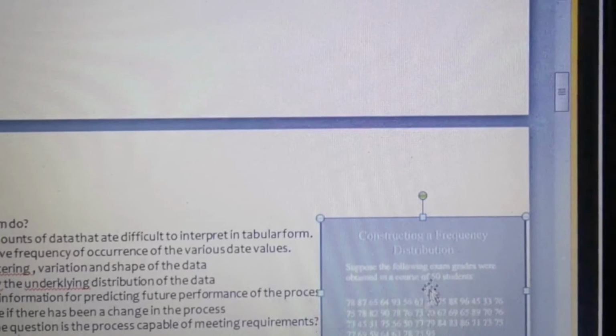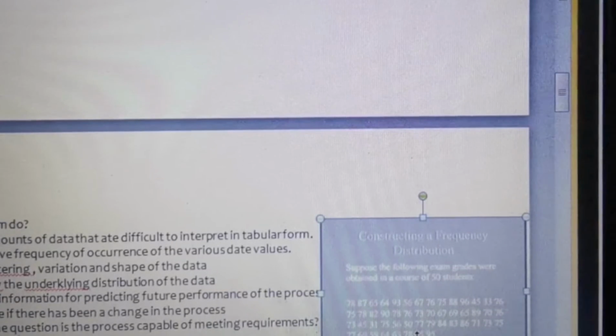So this is an example. These are the scores of 50 students. This is commonly used. Among the 50 students, these are their scores, so we will be getting the frequency. How many of them got 78, how many got 80, how many got 95.